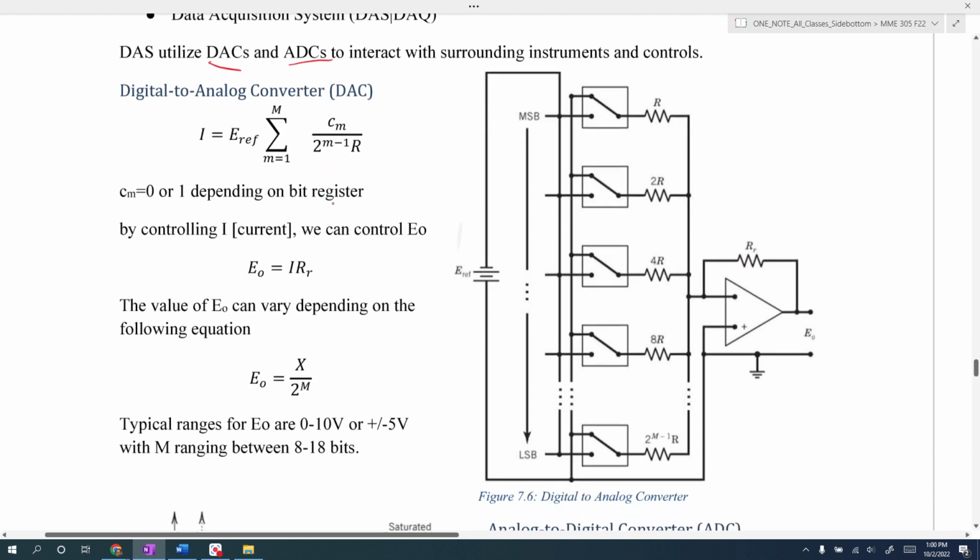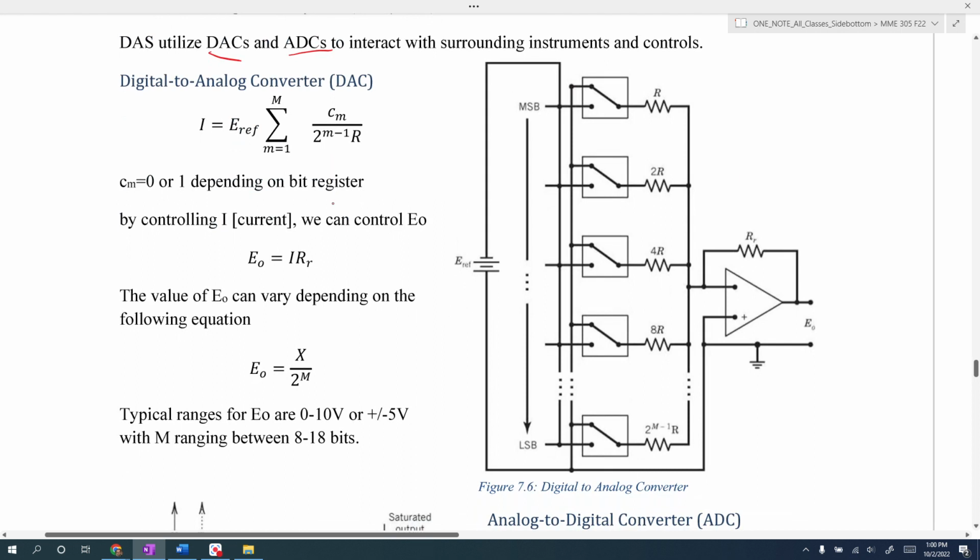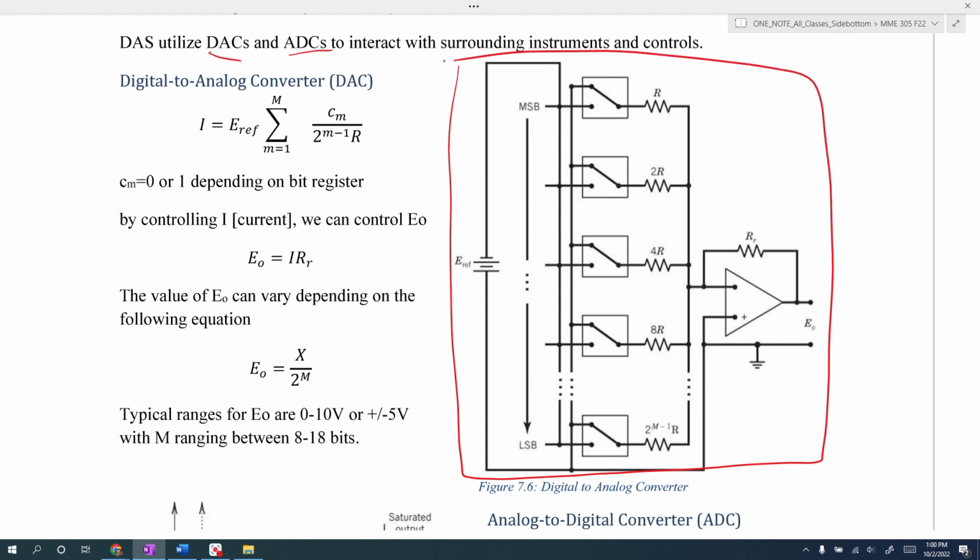So we're going to talk about what a digital to analog converter and an analog to digital converter is in this video. For a digital to analog converter, shown on the right hand side here, the converter has individual switches that communicate to an op amp shown on the left hand side.